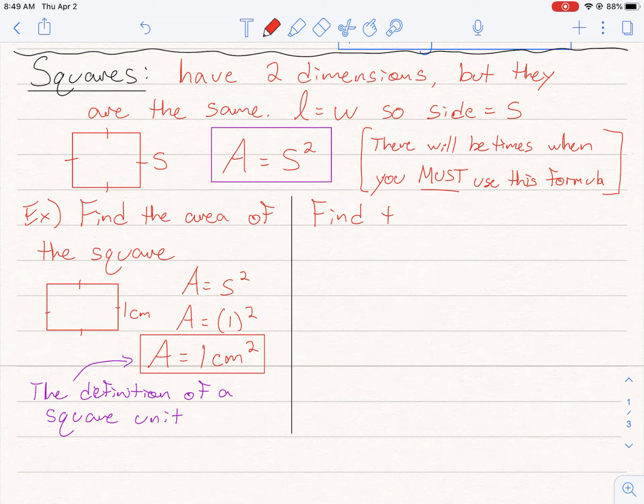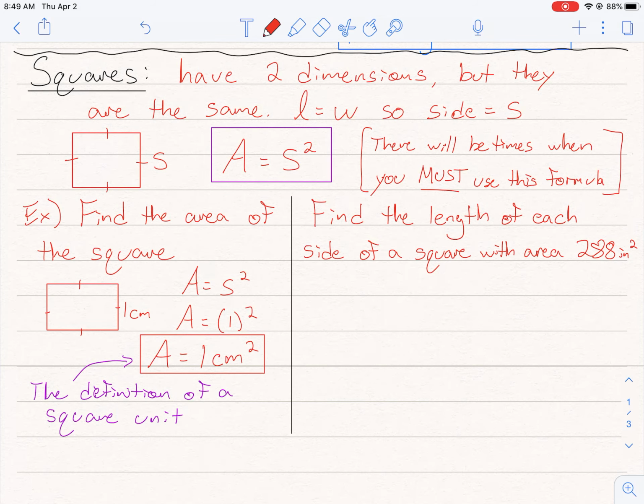So find the length of each side of a square with area 288 inches squared.